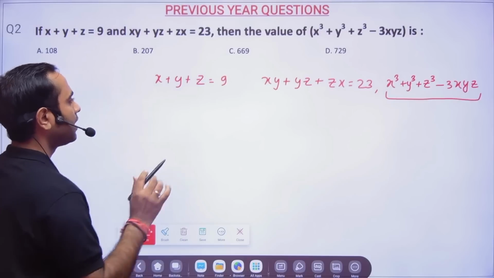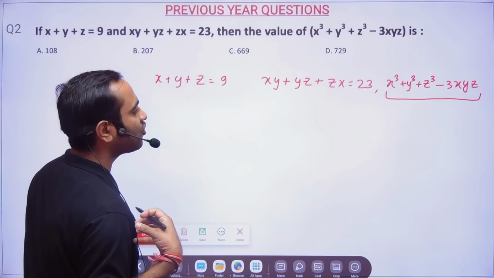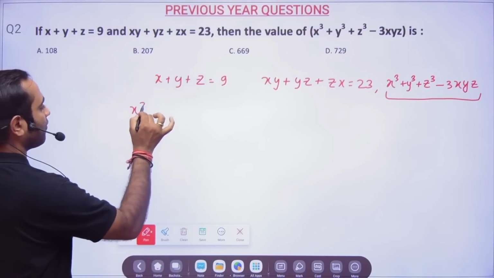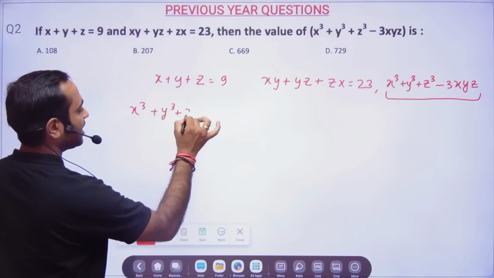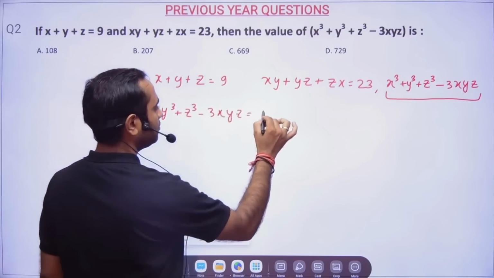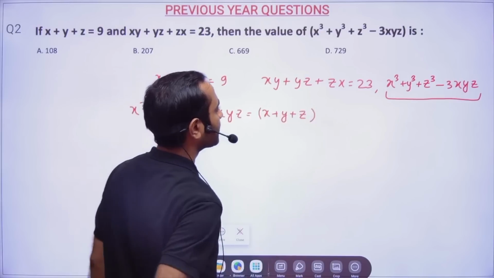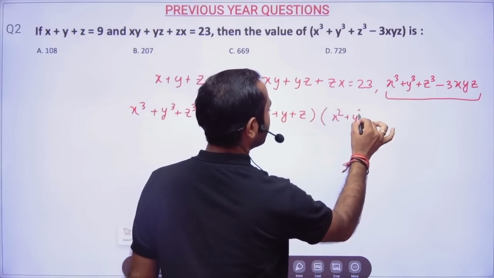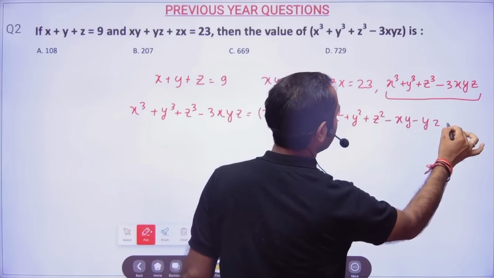Many of us do not remember this. So a cube plus b cube minus 3abc. Here the formula says x cube plus y cube plus z cube minus 3xyz will be equal to x plus y plus z into x square plus y square plus z square minus xy minus yz minus zx.